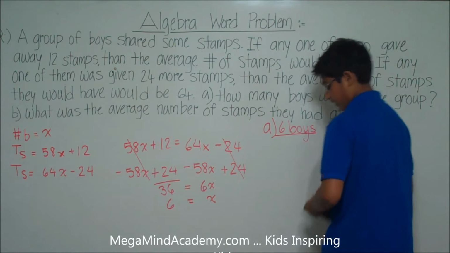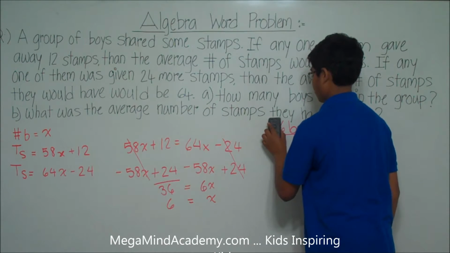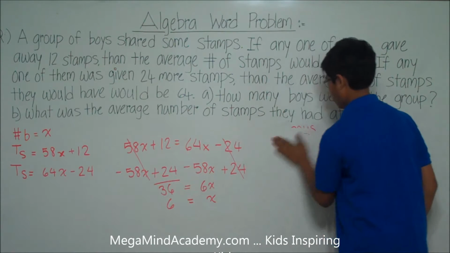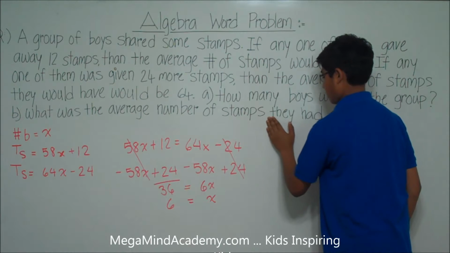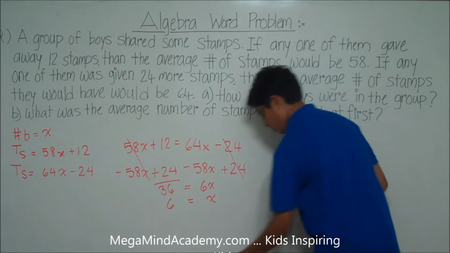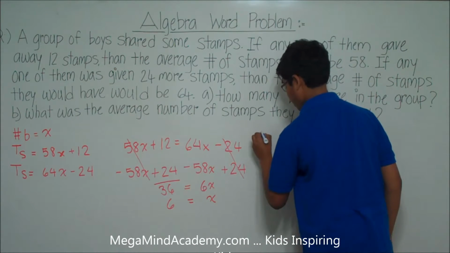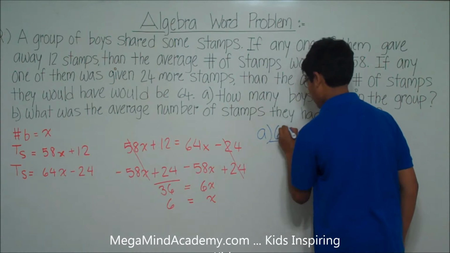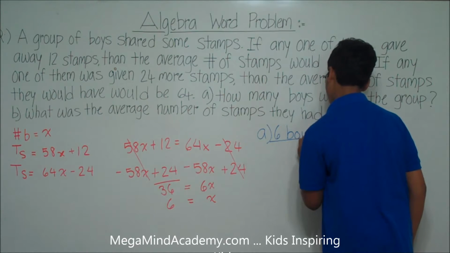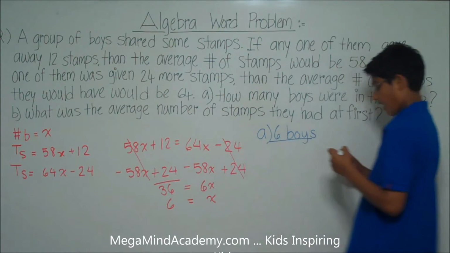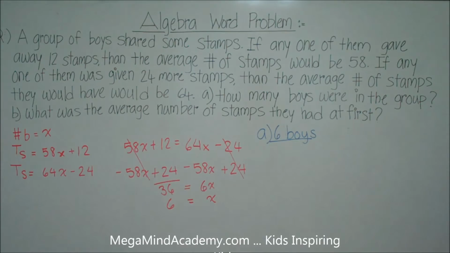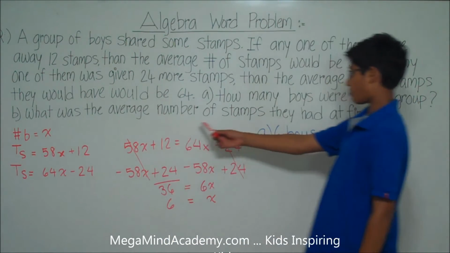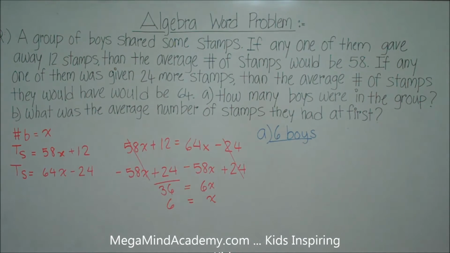Here, let's write this in a different color. So the answer to question A is 6 boys. Now let's solve question B. What was the average number of stamps they had at first?